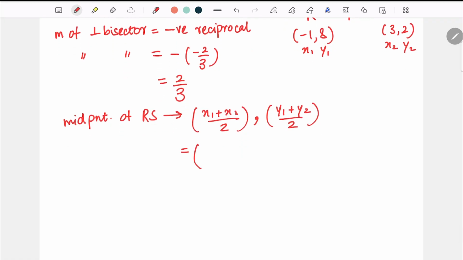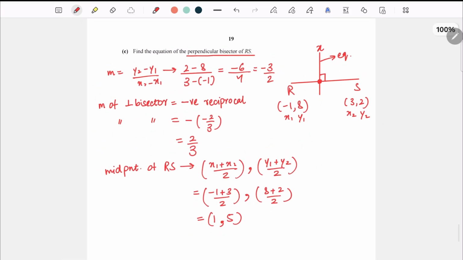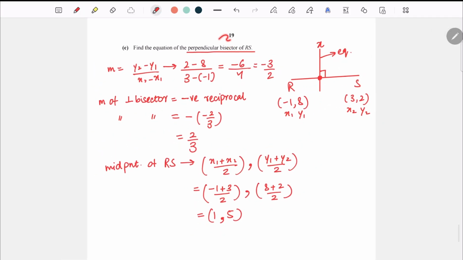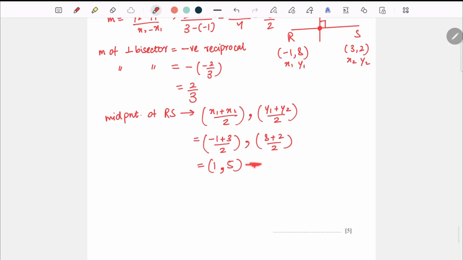So minus 1 plus 3 divided by 2 and 8 plus 2 divided by 2. This will be equal to (1, 5). These are the coordinates for the midpoint of RS, and also the point where the perpendicular bisector is crossing RS.